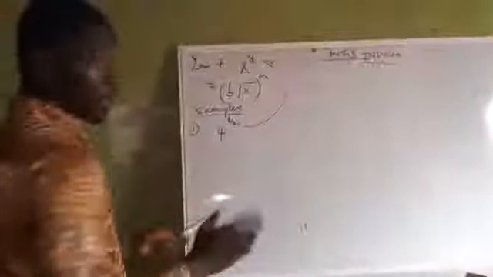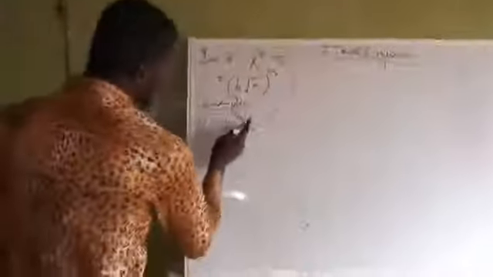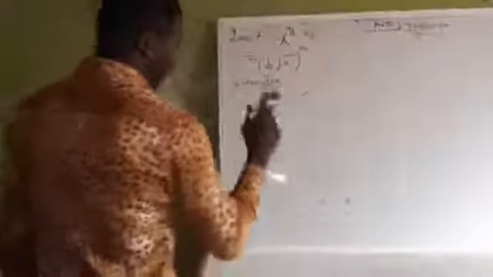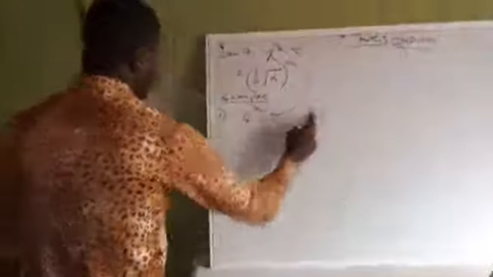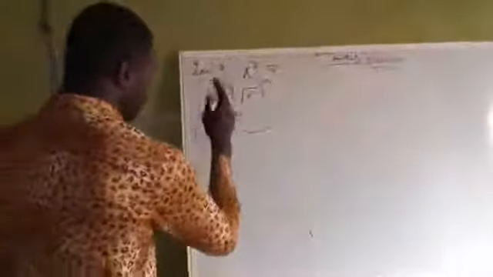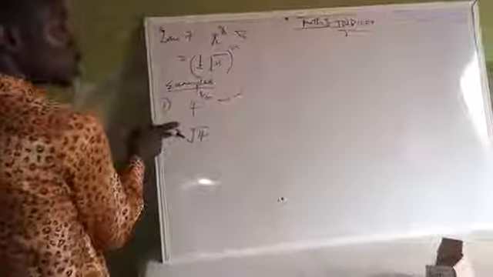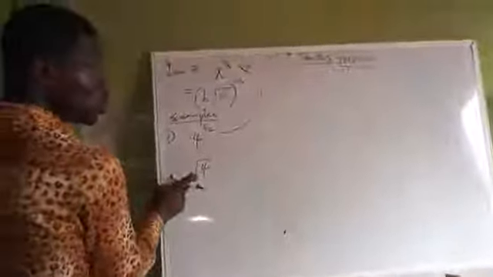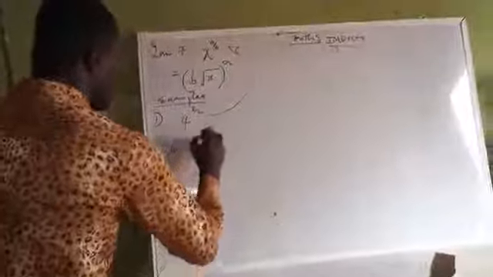So solving further, what is my denominator here? It is 2. And I told you that the denominator will always come as a root. So I'm going to write 2 root 4. Mind you, you don't need to put 2 here again because of the root. So we have root 4 on.